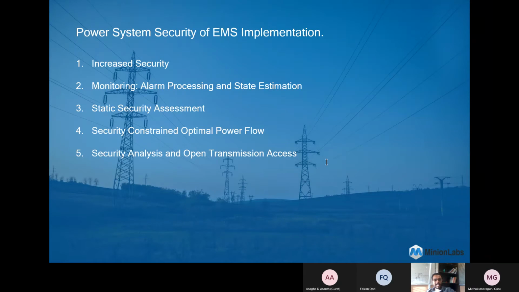The state estimator has the ability, given the right set of measurements, to detect and identify measurements that are very bad. The bad measurements are removed or filtered out and reported to the operator so that they can be recalibrated. So it reduces a lot of human effort, basically.